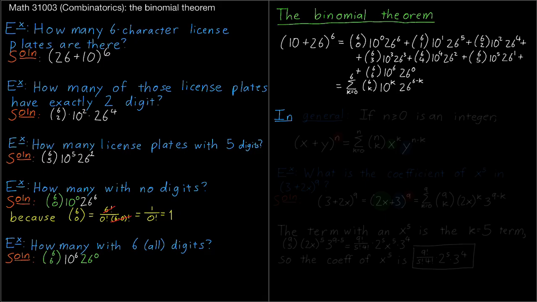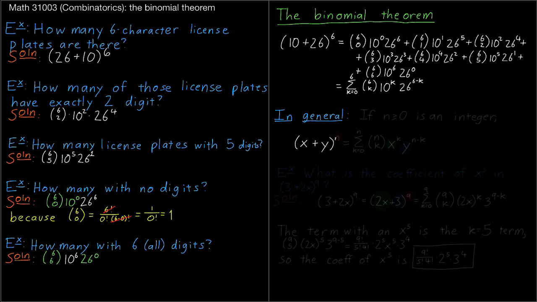You could do the same thing with an alien alphabet or a non-Latin alphabet with any number of digits, any number of letters you could use, and you could make this exact same argument. So this is true for any numbers.